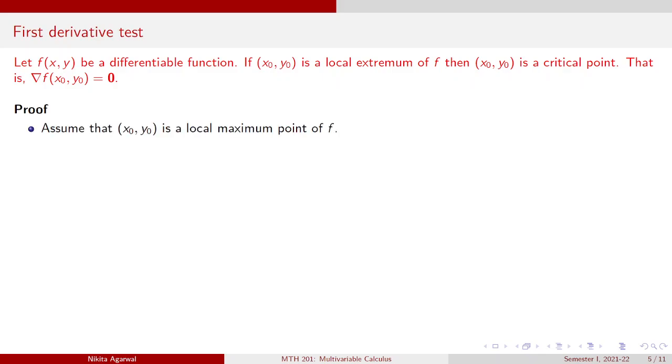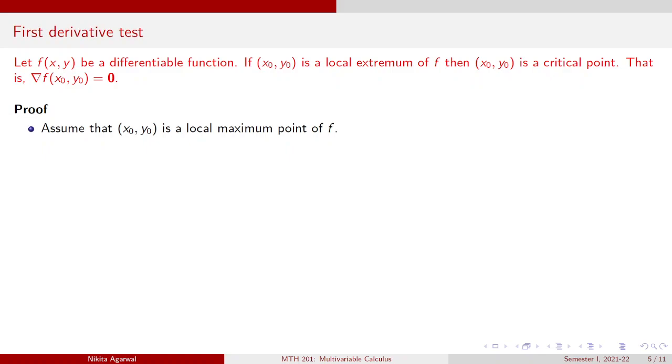First of all, assume that this given point (x0, y0) is a local maximum point. Whatever steps we do for a local maximum, similar steps can be followed to prove the statement when (x0, y0) is a local minimum point.